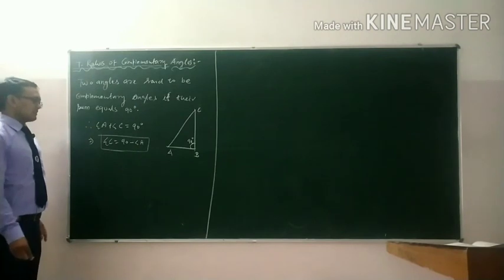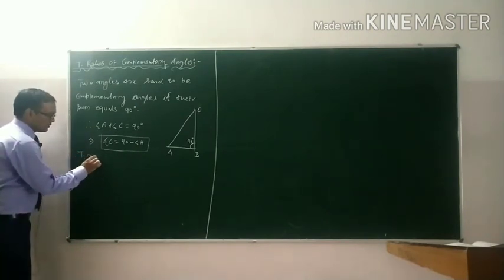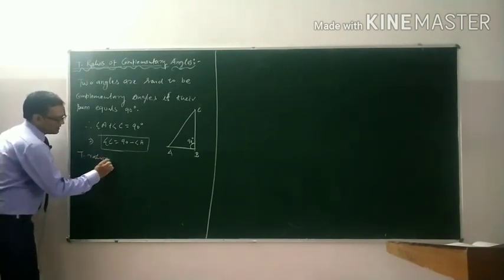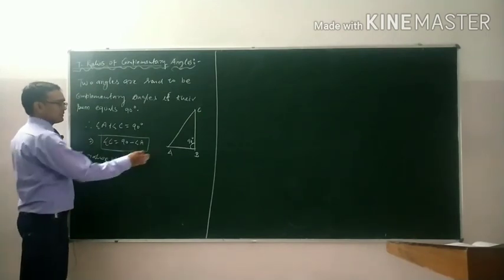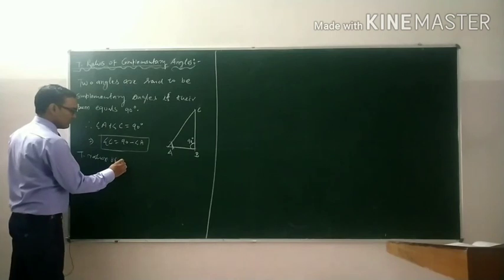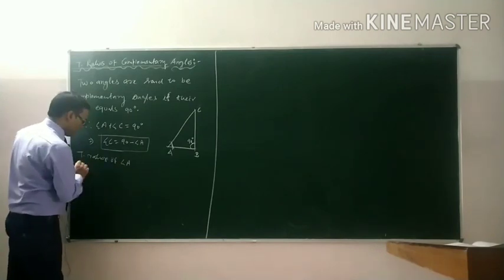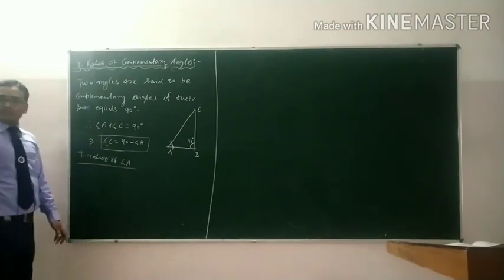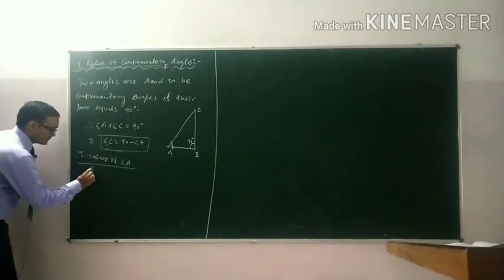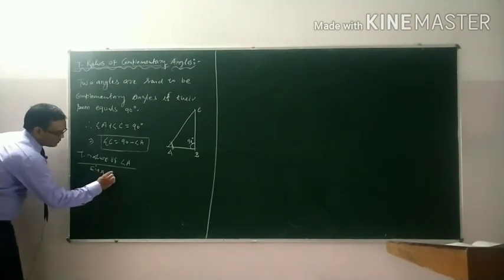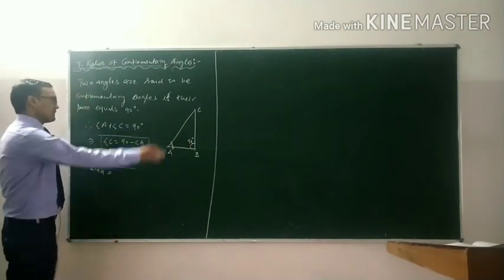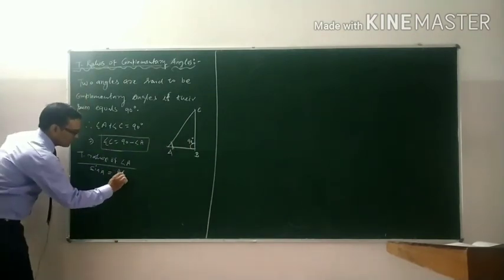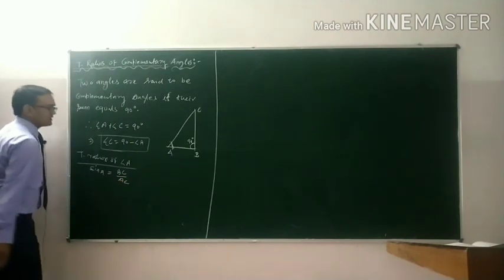We find the T ratios of angle A. Okay students, sin A equal to perpendicular side upon hypotenuse. Here perpendicular side is the BC and hypotenuse is the AC.